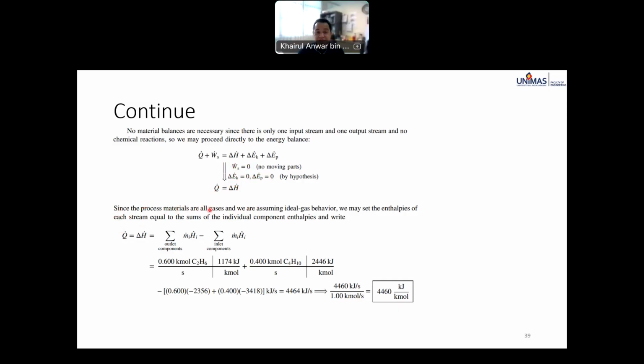Since we assume ideal mixture behavior, we may set the enthalpy of each stream equal to the sum of the individual component enthalpies. So delta H equals this equation, which we refer to as 7.4-14.